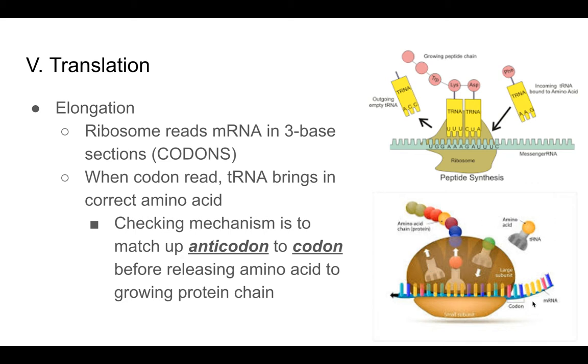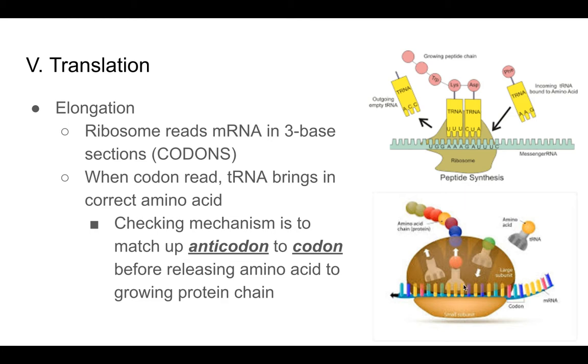Down here is the same diagram. It's just a little more cartoony. So you have the ribosome right here, and you have the mRNA that's being read in the ribosome, and it's read every 3 bases, a codon at a time. And here comes the tRNA floating in with its amino acid attached.